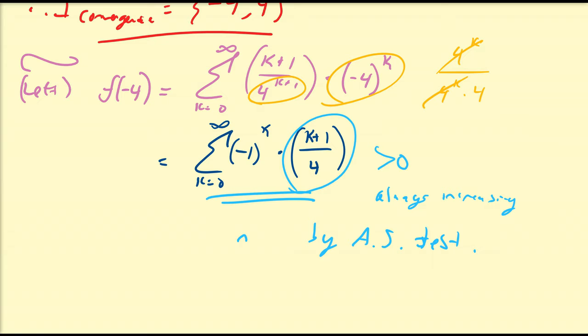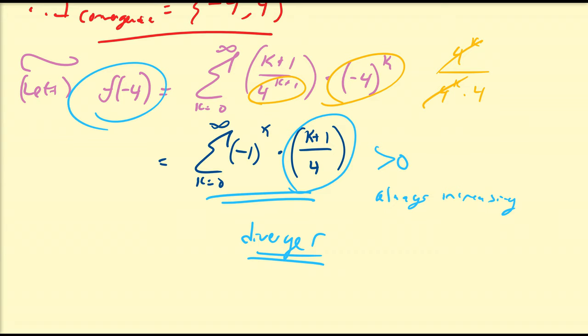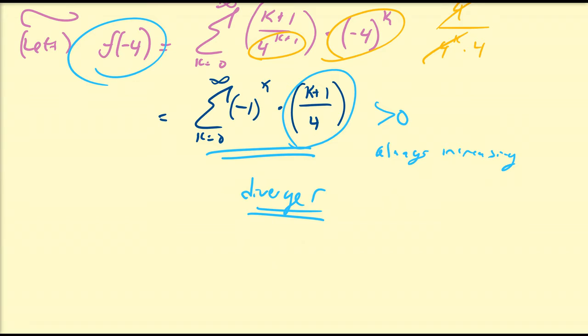So it's inconclusive by the alternating series test in general. Even though it is increasing, it is possible that the alternating terms do converge, but this series actually diverges. So that means negative 4 is not going to be within the interval of convergence.